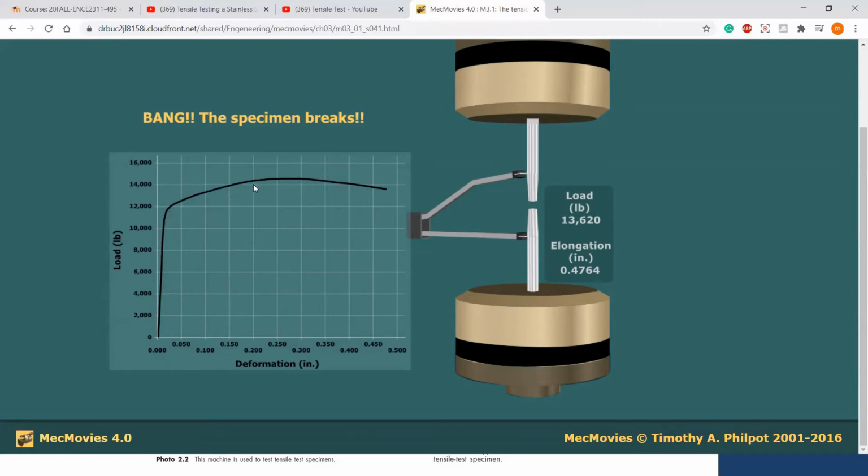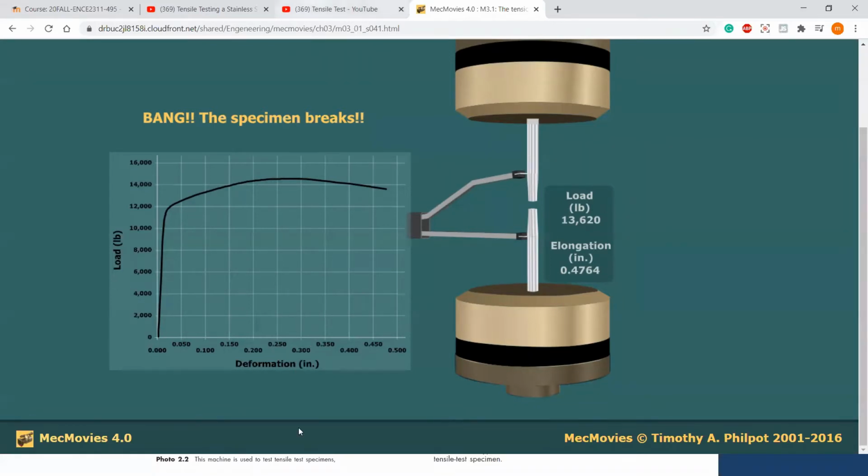But eventually, it is going to the ultimate load capacity. So when you look at this upper portion, around 15,000 pounds, this is the maximum load that the material can withstand before failure. And eventually, the material fails around 13,000 pounds. So this will be the graph that you will see when you plot load versus deformation.